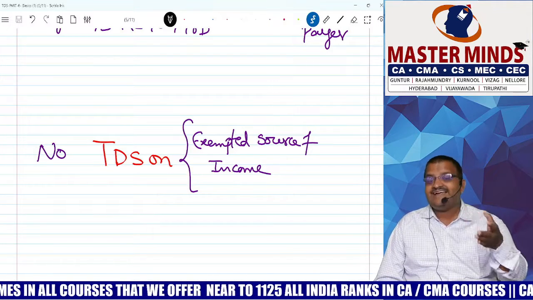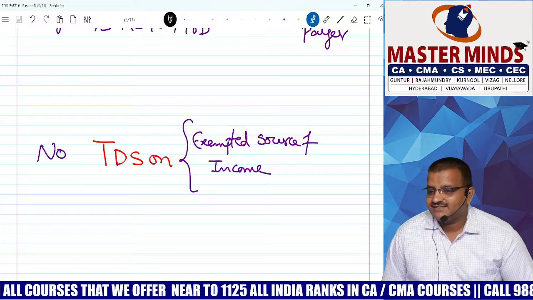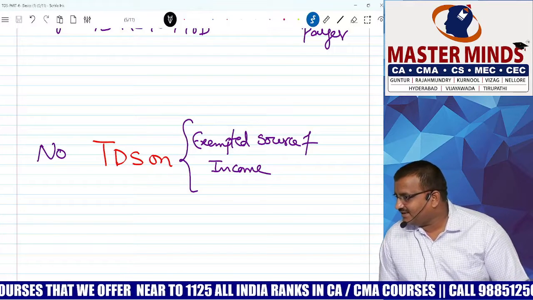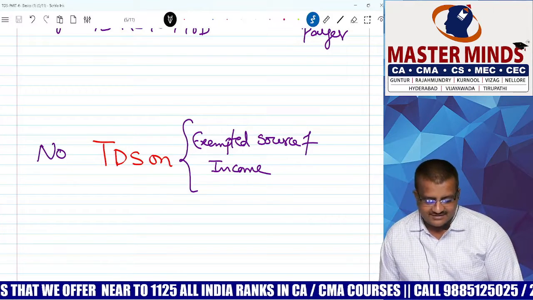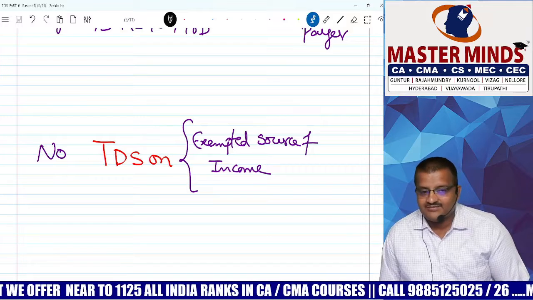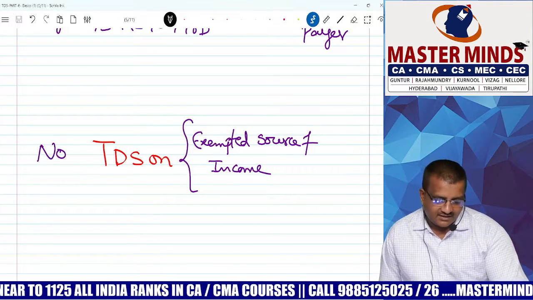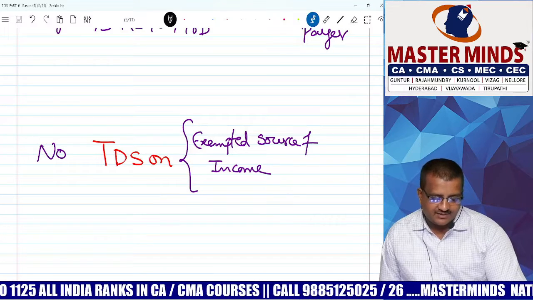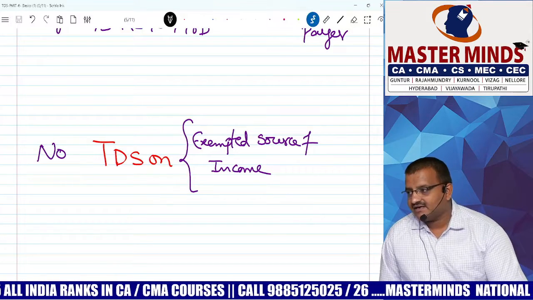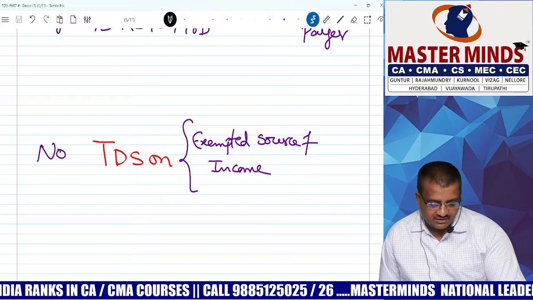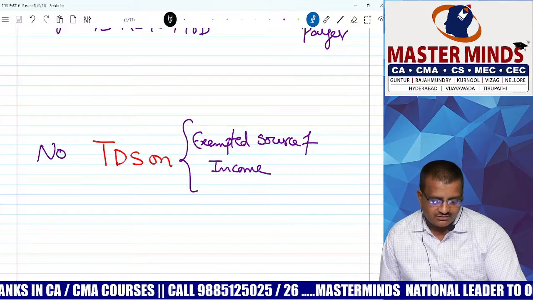The TDS. Answer, sir, this income is exempted. How can you deduct TDS? Tell me, whenever it is exempted, what is the answer? Taxable or not taxable? Come on. Answer, not at all taxable. Okay? Chalo, that's all.